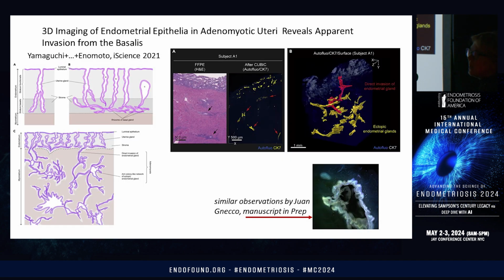And there's a lot of debate with all of these lesions. Are they actually invading, or is it just proliferation and stuff pushing out? So we'd love to study this and build models for it.